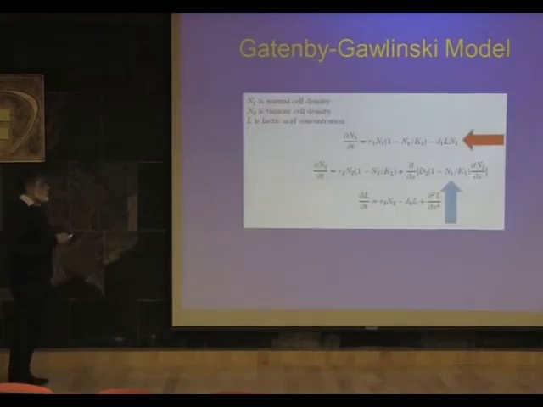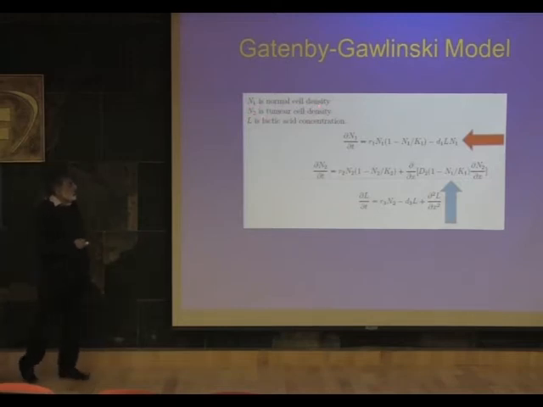So they wrote down a system of equations here. Everything is modeled as a continuum. So you've got normal cells N1, tumor cells N2, lactic acid L, and everything else here is a positive constant. So you've got the normal cells, which have logistic growth, and they produce lactic acid through this term here.